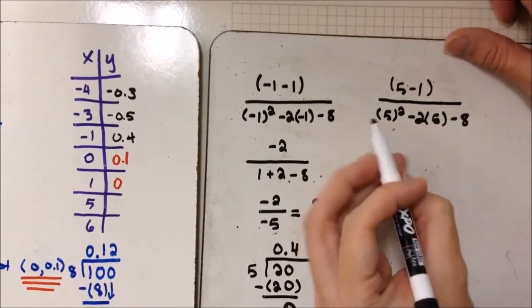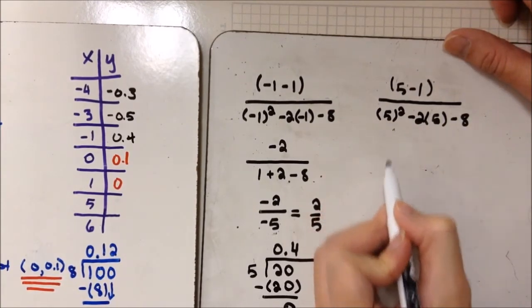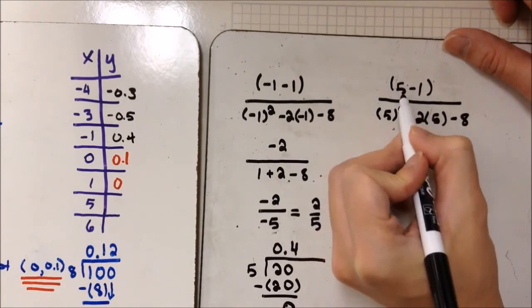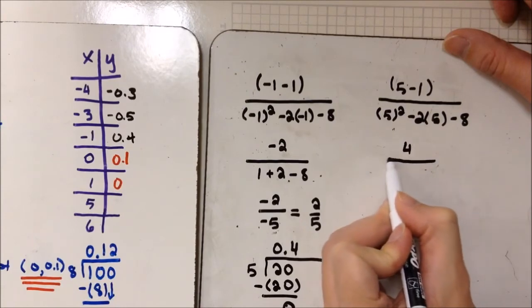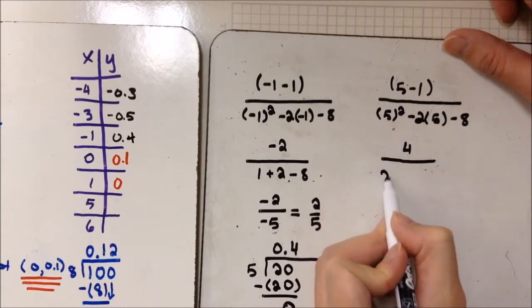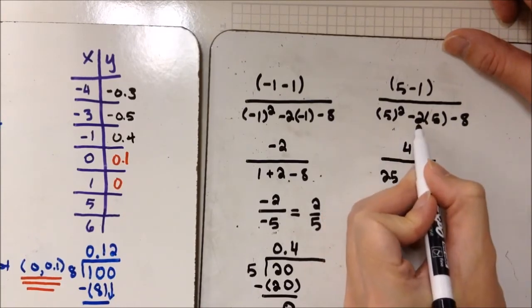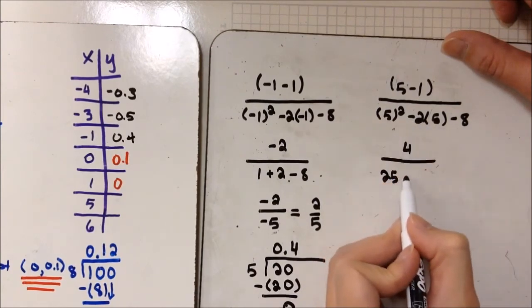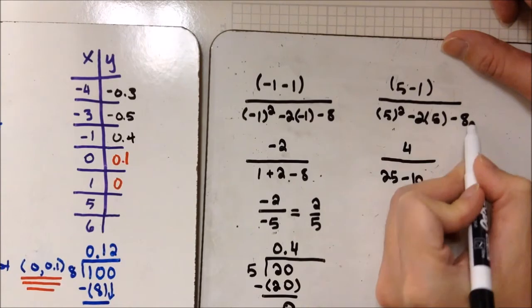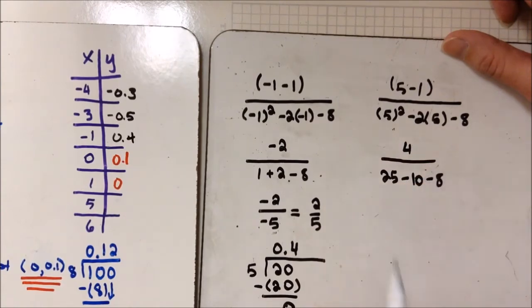Alright. So 5 squared is just, well, hold on, the top. 5 minus 1, that's just 4 in the numerator. Alright, 5 squared is just 25. Now, minus 2 times 5, again, minus 2, so that's going to be minus 10, and then minus 8.